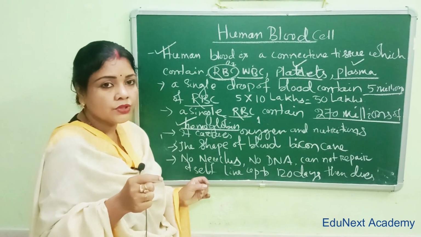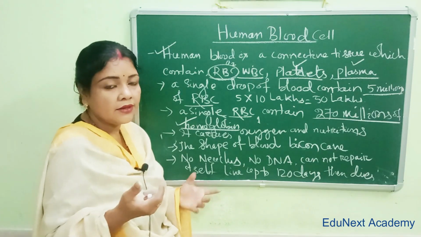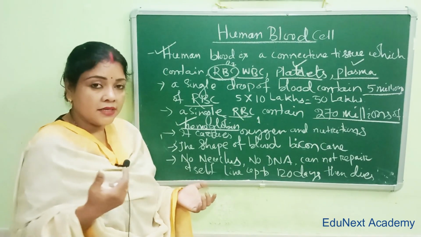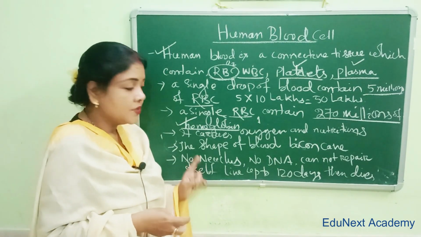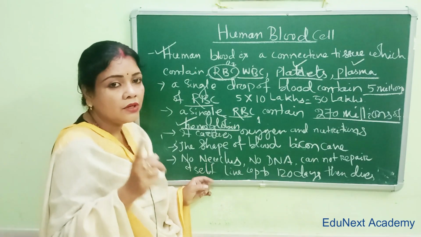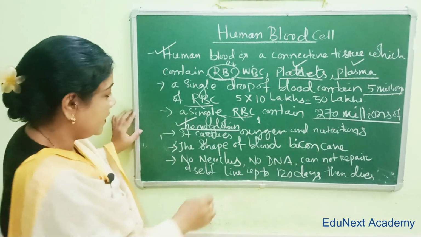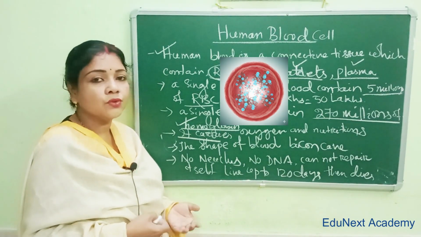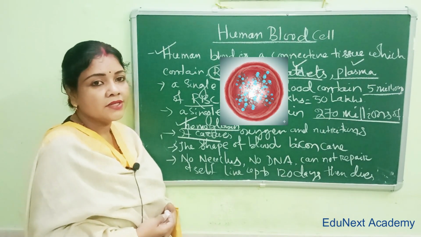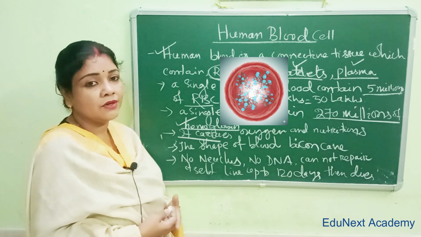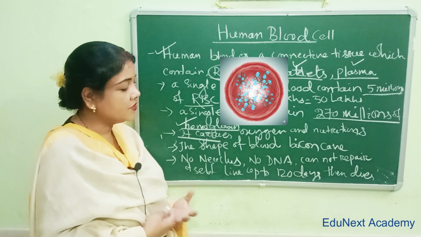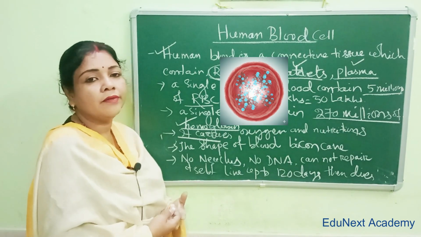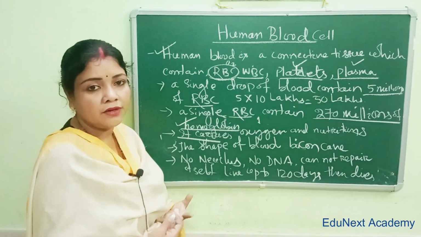That iron ion attaches with an oxygen molecule, so it carries a single oxygen. As hemoglobin carries so much oxygen, it is sometimes known as human nature's oxygen rocket, because it takes oxygen from the lungs and supplies oxygen to every cell of our body.